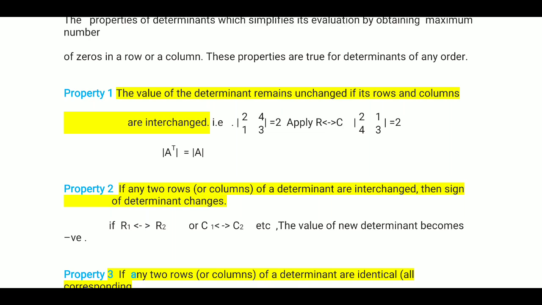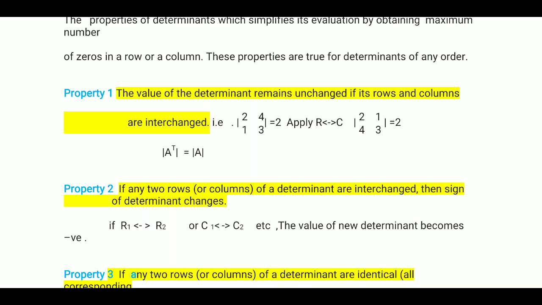Property number 2: if any two rows or columns of a determinant are interchanged, it means we are applying the property to rows only, rows to rows or columns to columns. If any two rows of a determinant are interchanged, then the sign of determinant changes.